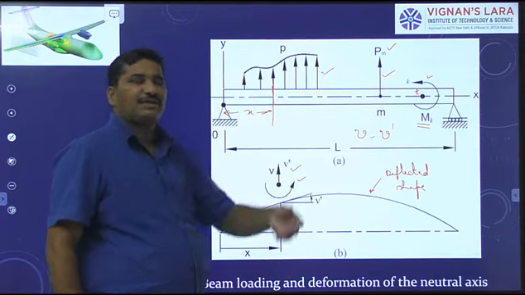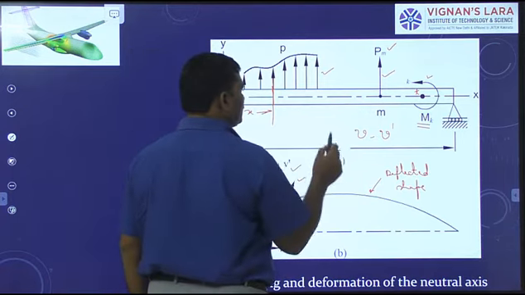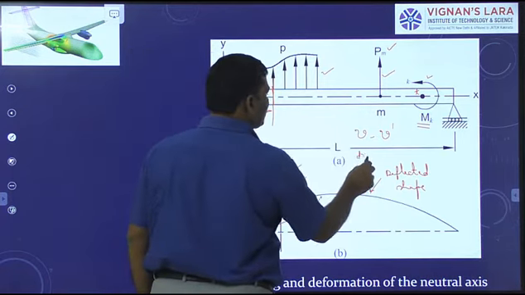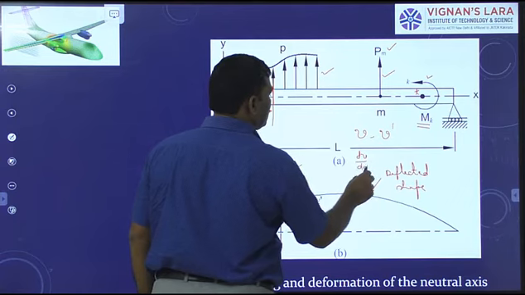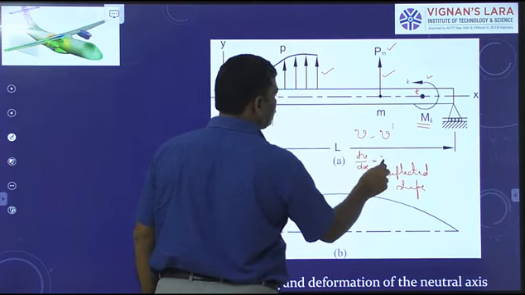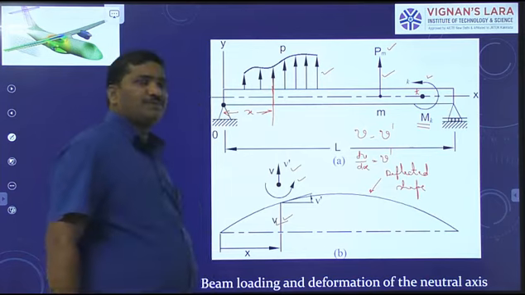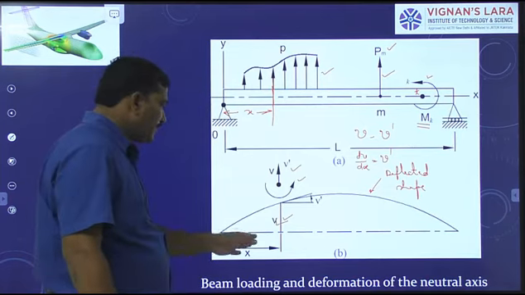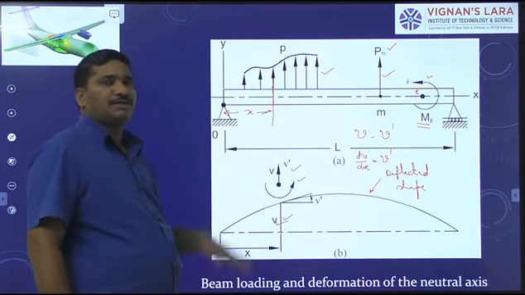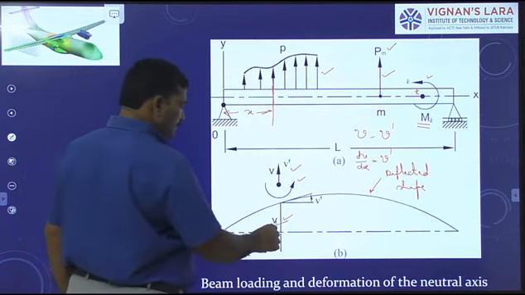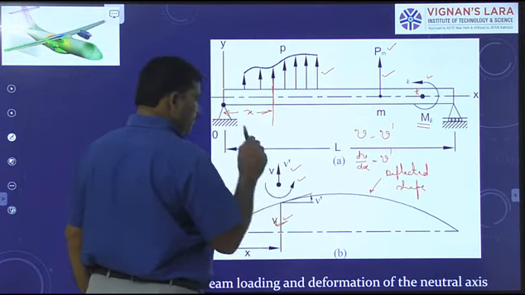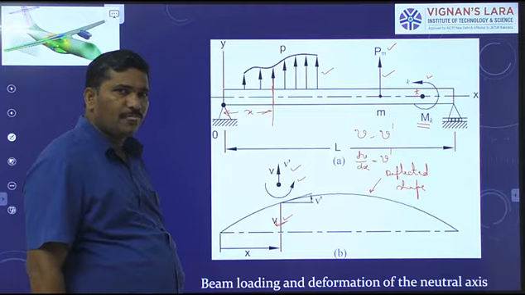The first derivative of the beam deflection, that is dV by dx, gives us the beam slope at the same section. Therefore, for every beam section, you can determine the displacement and also the slope. Understand?